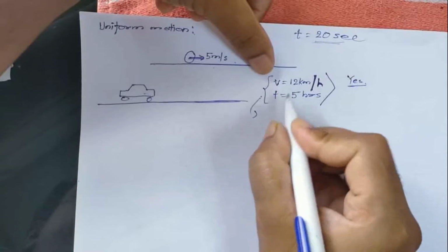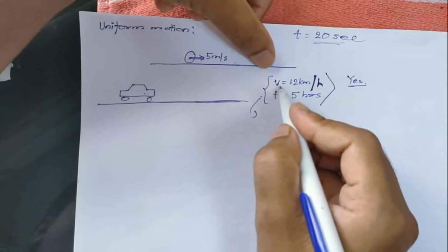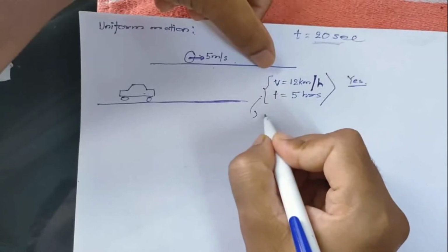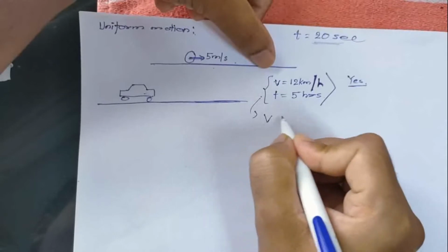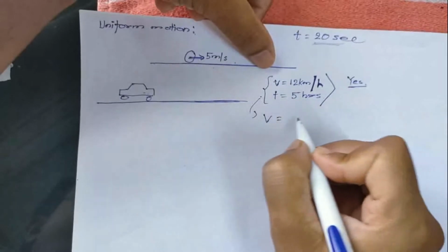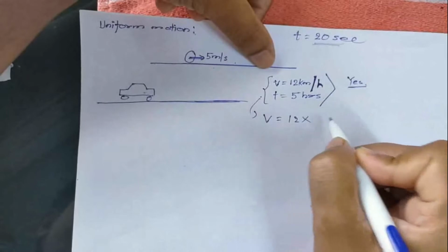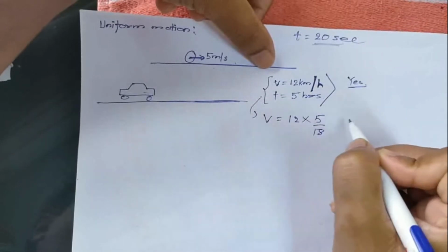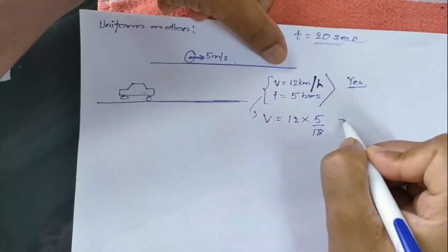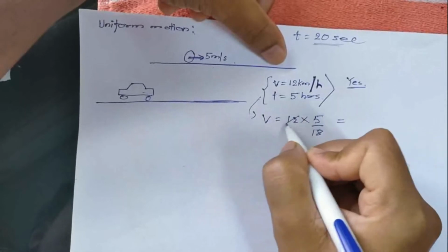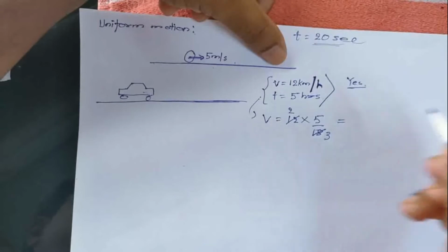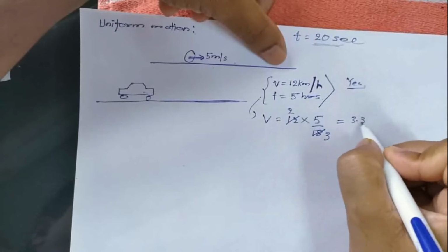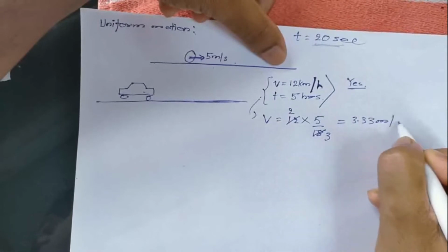What I mean to say is, let us convert this speed into meter per second. We know there is a factor, that is 5 by 18. So you just multiply with 5 by 18 and you will get speed in meter per second. So you are going to get 3.33 meter per second.